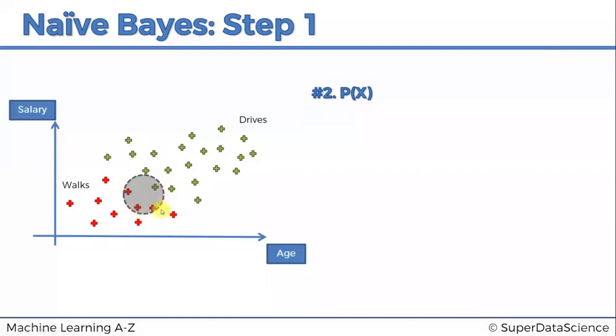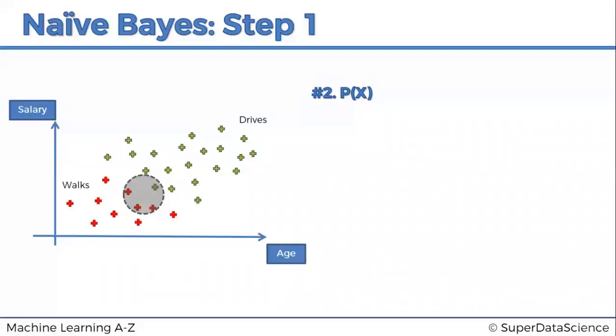We're going to deem them to be similar in terms of features to the point that we had. The point that we had, remember, it had an age of, for example, 25 and a salary of $30,000 per year. So now we're going to draw a radius around it. And let's say anybody between the ages of 20 and 30, and in the salaries of $25,000 to $35,000, anybody that falls in that circle, again, it's not just a square, it's a circle.